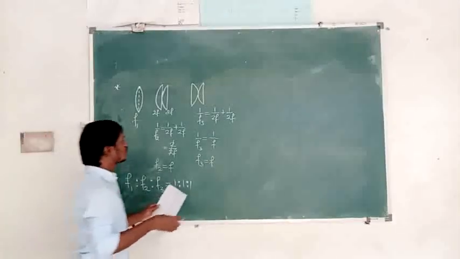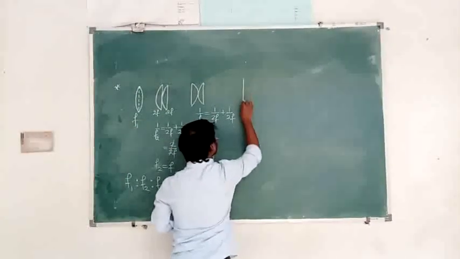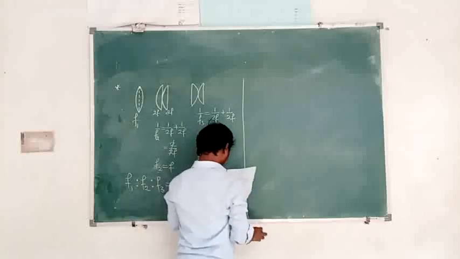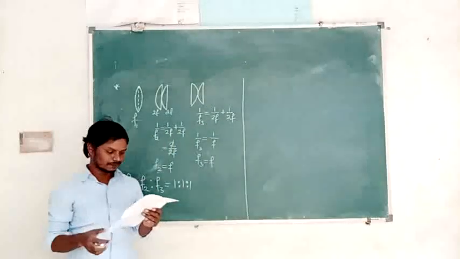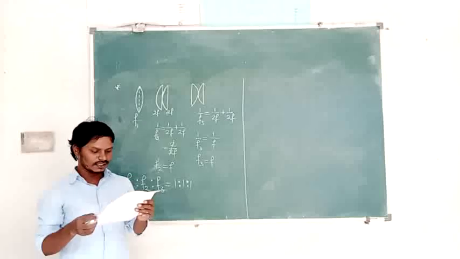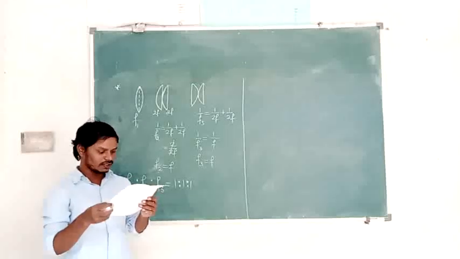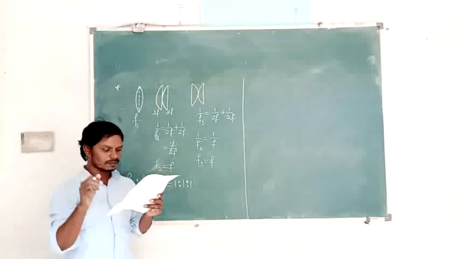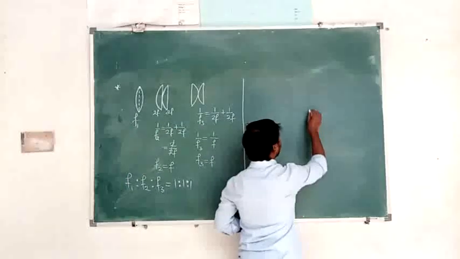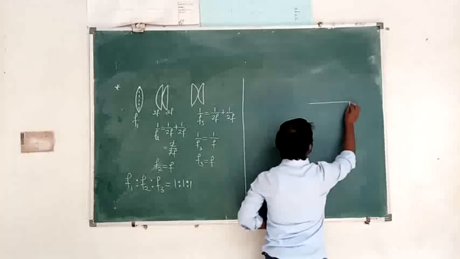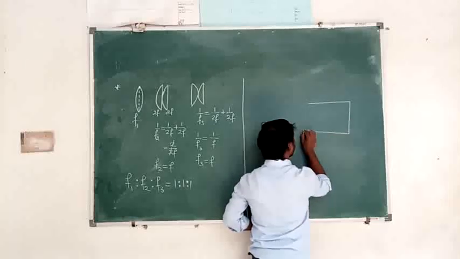Next question. Listen to the question carefully. In the figure, an air lens of radii of curvature 10 cm is cut in a cylinder of glass. See here, the diagram is given. It is a cylindrical glass slab.